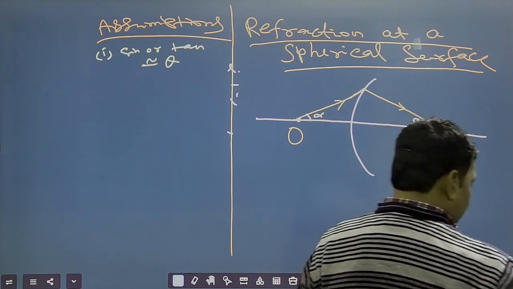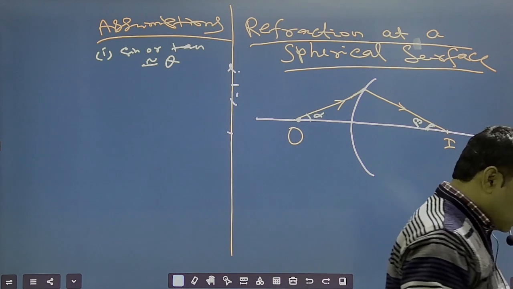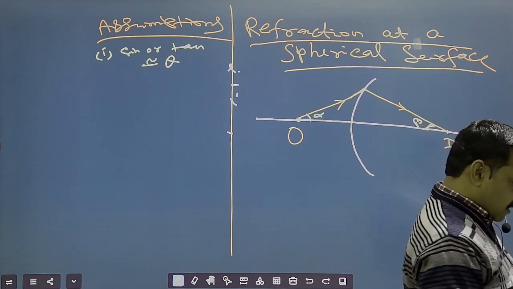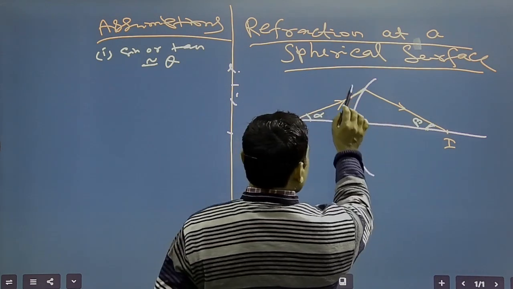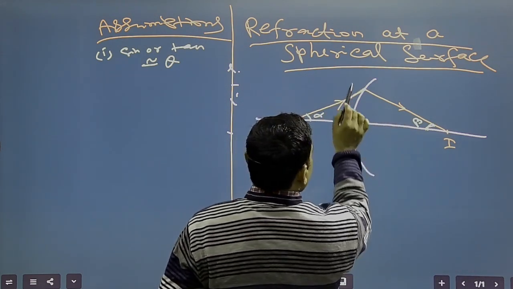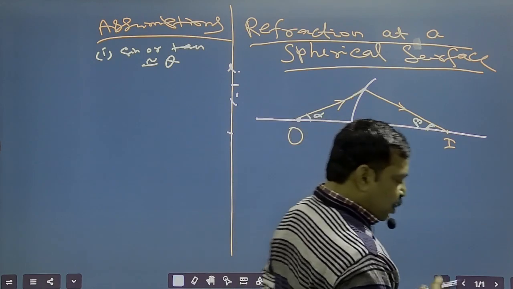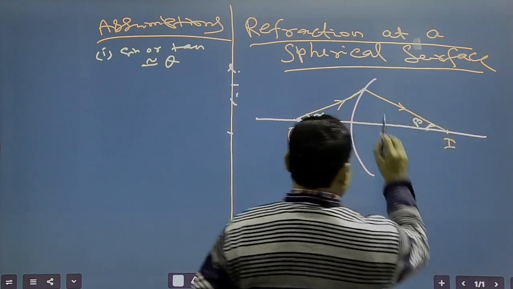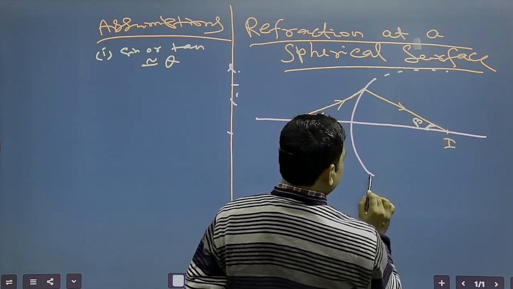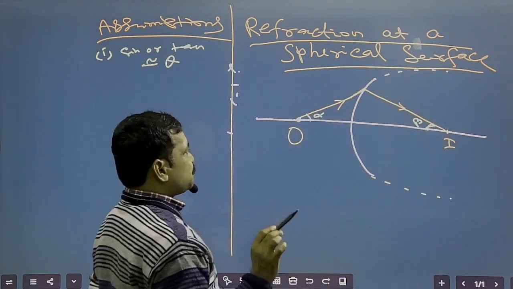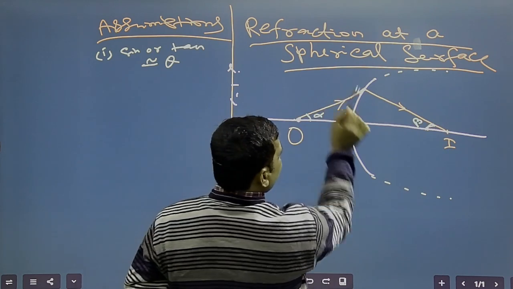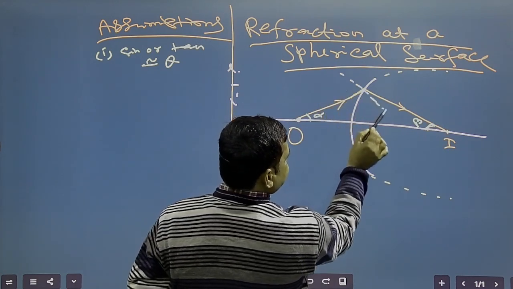In a similar way, you can take the concepts regarding the image formation, and suppose I am drawing a normal to this surface. As this is a part of this sphere, I can draw the normal. Suppose the normal is drawn like this.